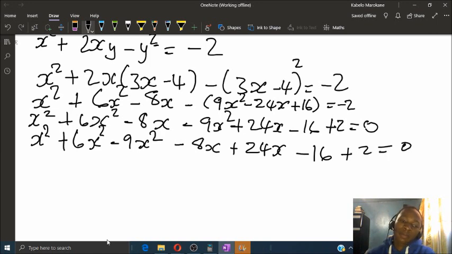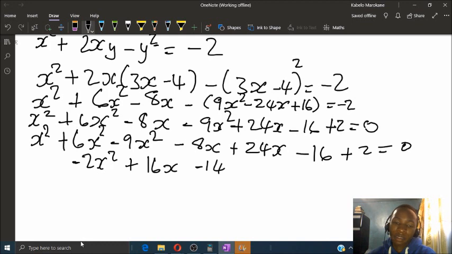So x squared plus 6 is 7, minus 9x squared plus 7 will give us minus 2x squared, and then minus 8x plus 24 will give us plus 16x, and then minus 16 plus 2 will give us minus 14, which equals 0.